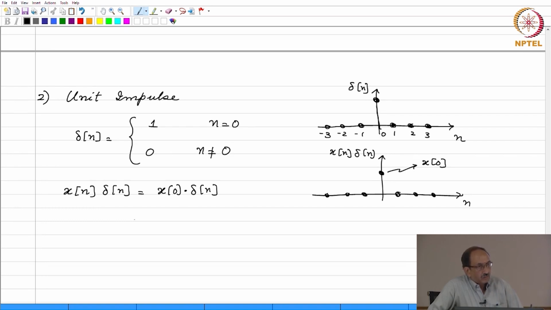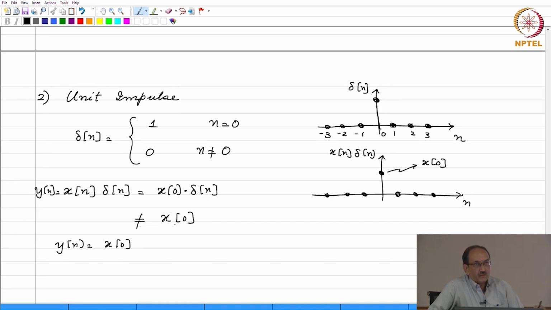And one common mistake that can be made if you are not careful is this is not x of 0, alright, because if you call this y of n, y of n equals x of 0 means y of n is the constant sequence whose value is x of 0 for all n, whereas what is happening here is you have to get the value x of 0 only at n equal to 0 and not that value at other points.